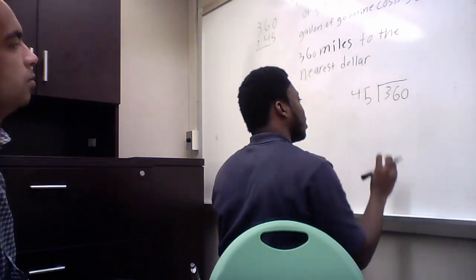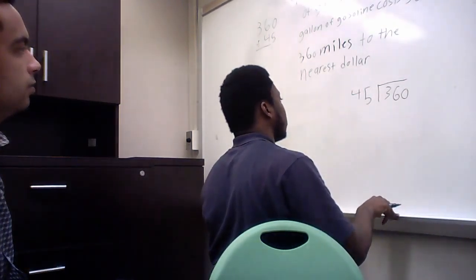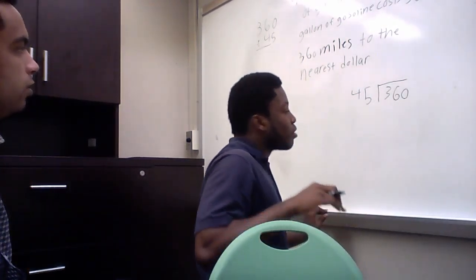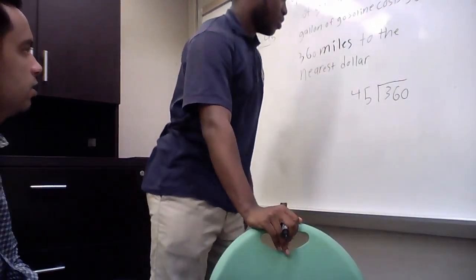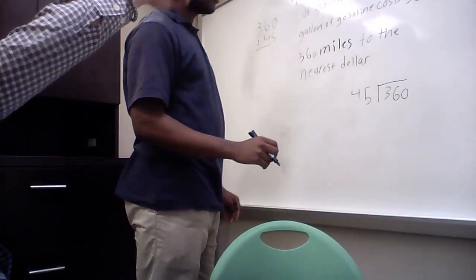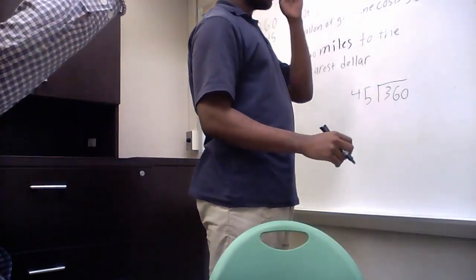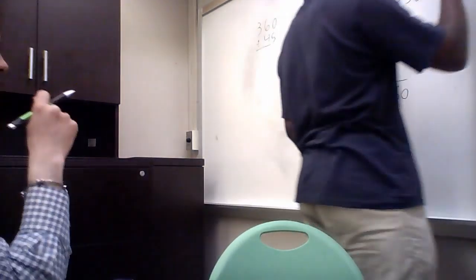Maybe you want to list out the multiples of 45, right? Because 45 is not going to go into 3 over 26. It's going to go into 360, but maybe you could start like 45 and then 45 times 1, 45 times 2, and see when you get 360.